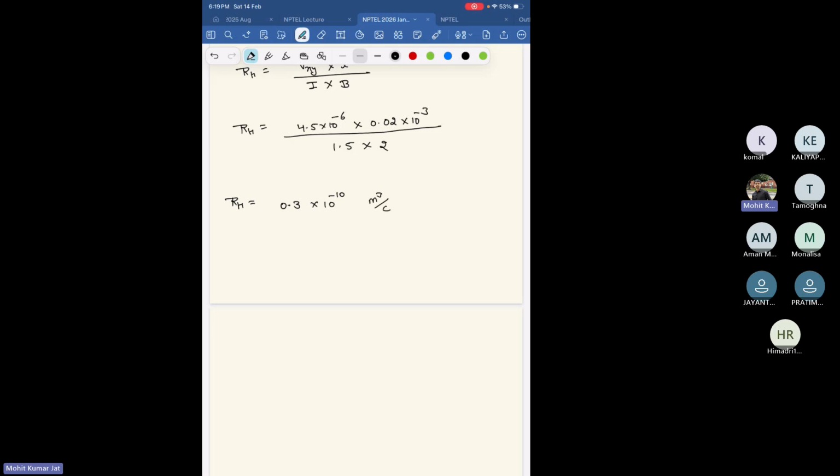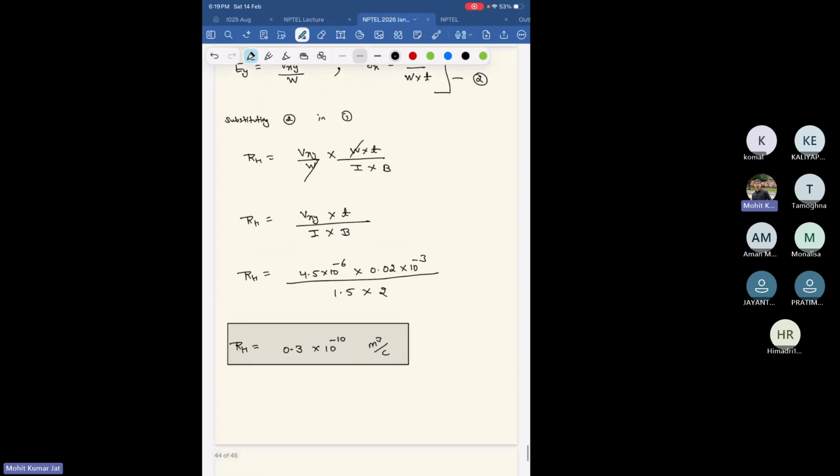So this is the Hall coefficient in the case of the metal, which develops 4.5 microvolt transverse voltage in a magnetic field of 2 Tesla, and the current you are passing is around 1.5 ampere. Thickness is 20 micrometer. So this is how you calculate the Hall coefficient.